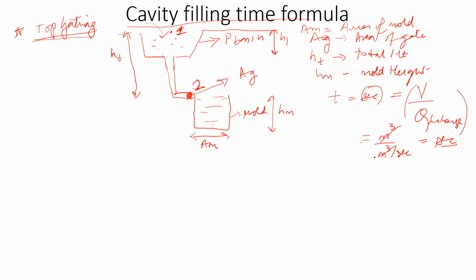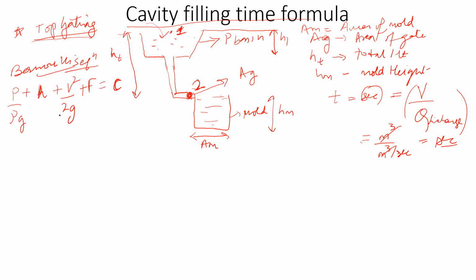For that, you might be aware of Bernoulli's equation. I will just give you a brief introduction. So what is Bernoulli's equation? P by rho g plus H plus V square by 2g plus any frictional losses is equal to constant.